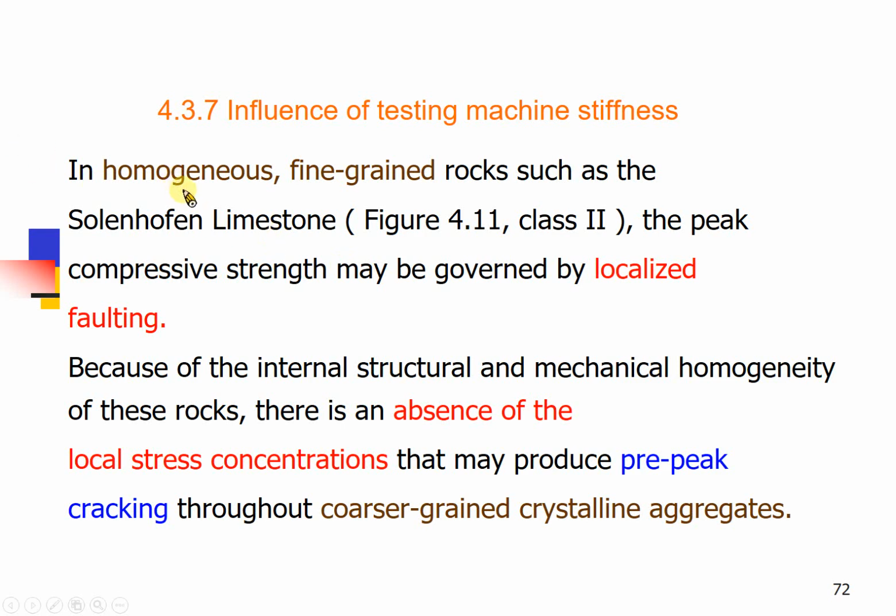So for some homogeneous fine-grained rocks, I already showed you the stress strain curves of the limestone. This will be the class 2 failure. The peak stress or the stress strain curves were mainly controlled by the slip along some macro fractures. So there will be the difference between two classes.